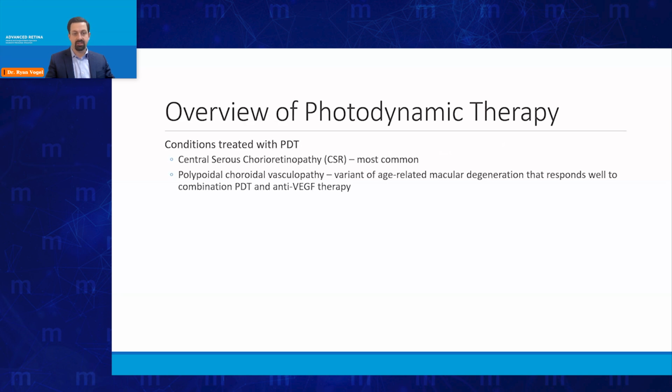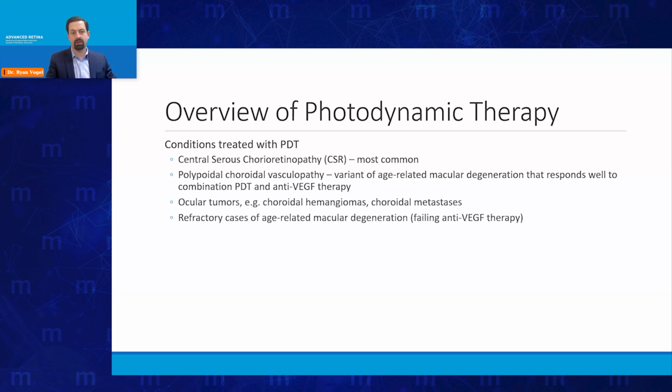And it differs from traditional AMD in that it responds very well to both PDT and anti-VEGF combination therapy. And occasionally ocular tumors are treated with photodynamic therapy. Choroidal hemangiomas seem to be the most common, but choroidal metastases and others can be treated as well. Finally, we still see photodynamic therapy being used for regular age-related macular degeneration in certain cases where patients are failing anti-VEGF therapy or potentially refusing the therapy.